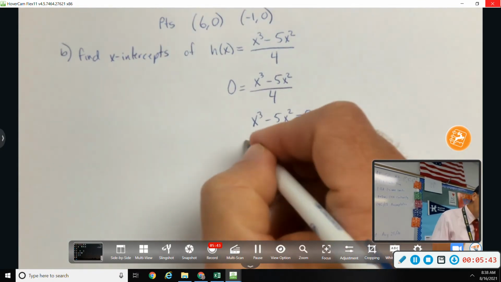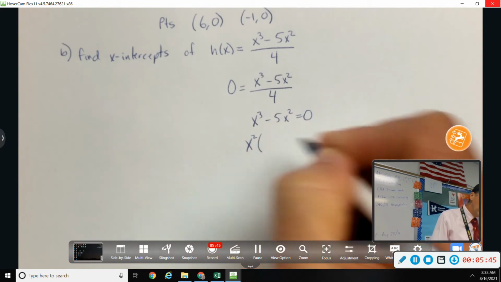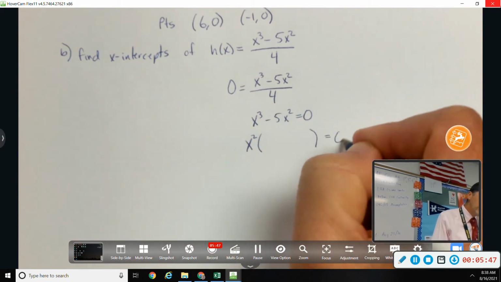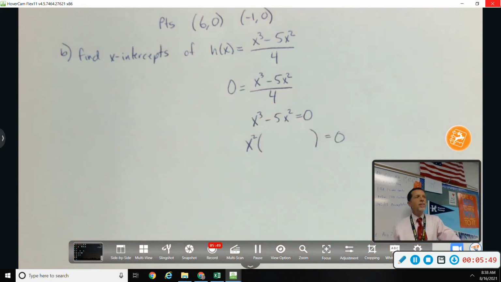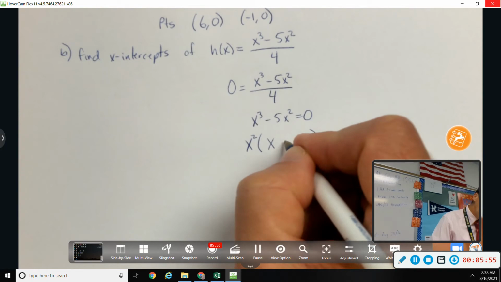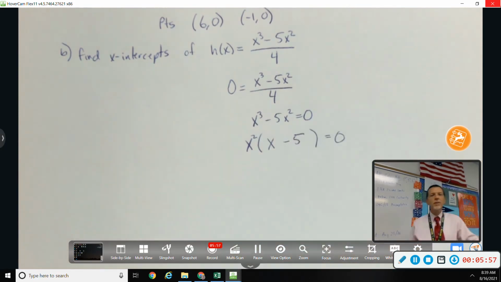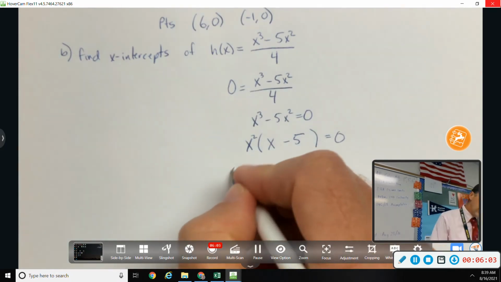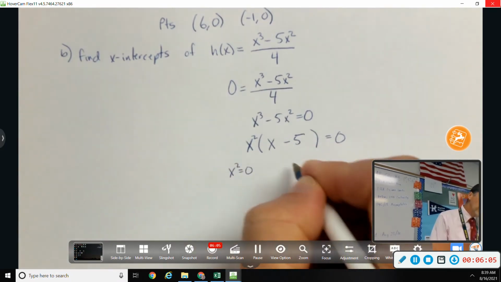Yeah, take out an x squared. GCF is like the easiest kind of factoring, but because we don't use it all the time, people forget about it and they try to do something difficult with this when just taking out the x squared was the right way to go. Let's set both factors equal to 0.